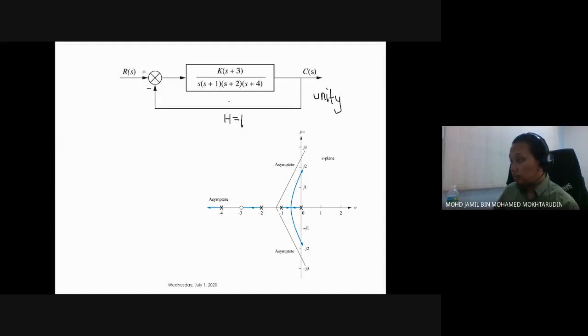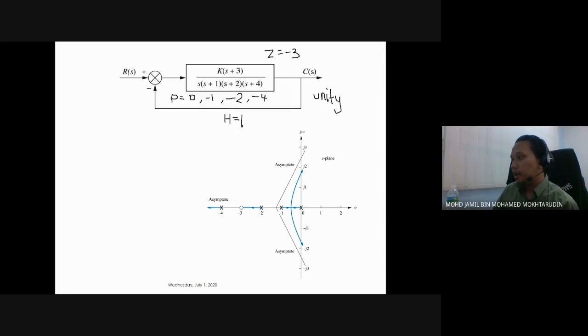For this case, you know that the poles will be s equals 0, -1, -2, and -4. So these are the poles.